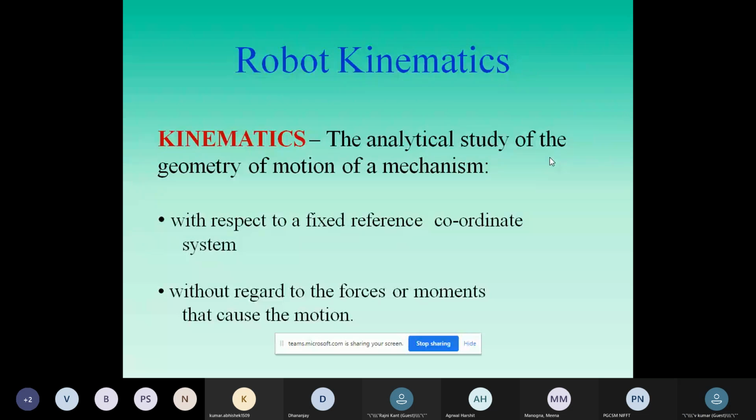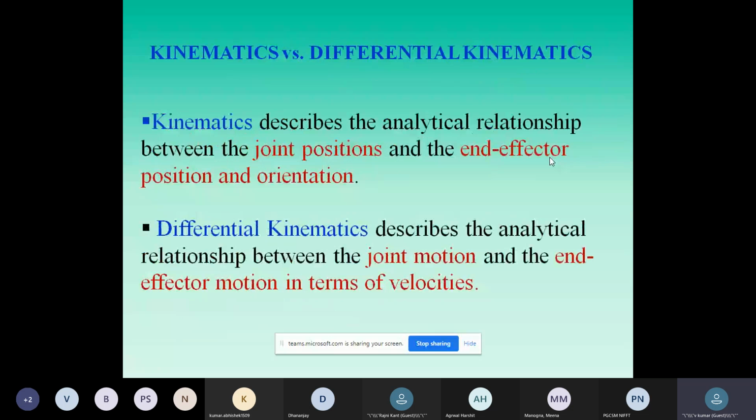But in this study you do not consider the forces and moments. This is called kinematics. When you study kinematics, we do not bother about forces and moments, only geometric relations. That is the kinematics of the manipulator.